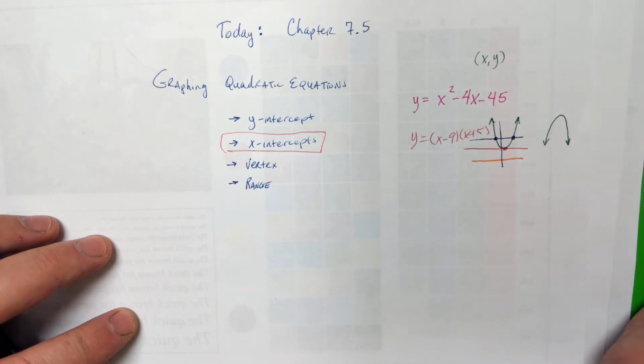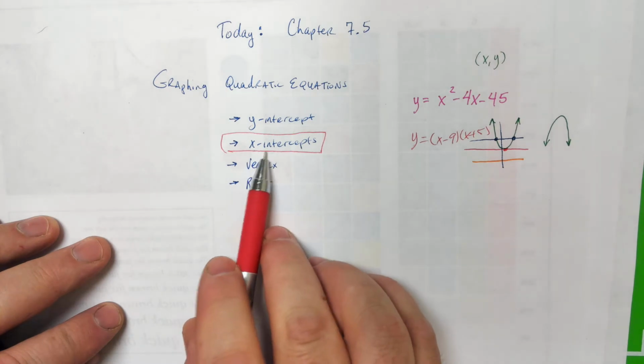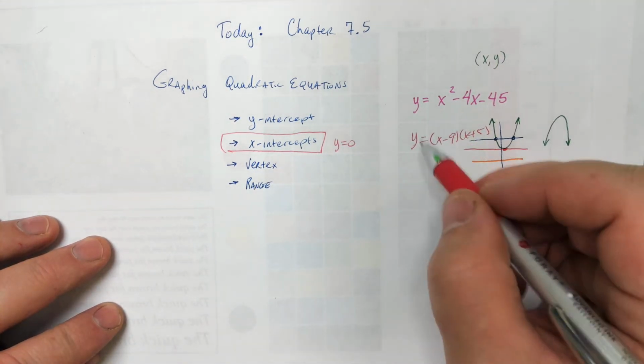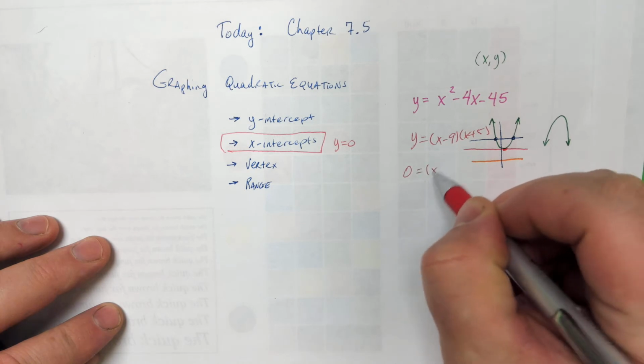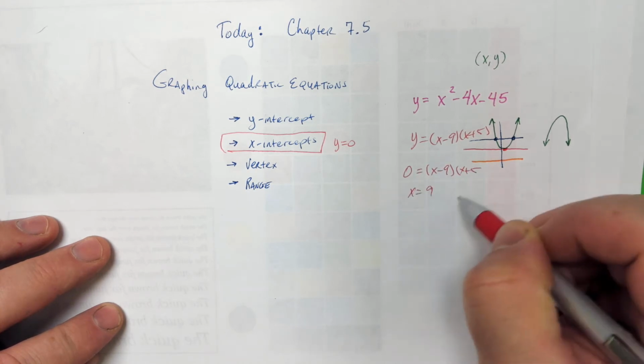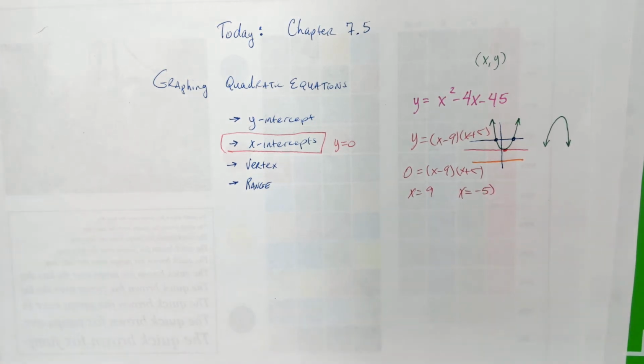For x-intercepts, y always equals 0, so you put a 0 for y and solve it. So x will be 9, and x will be negative 5. So this has 2 x-intercepts. Does that make sense?